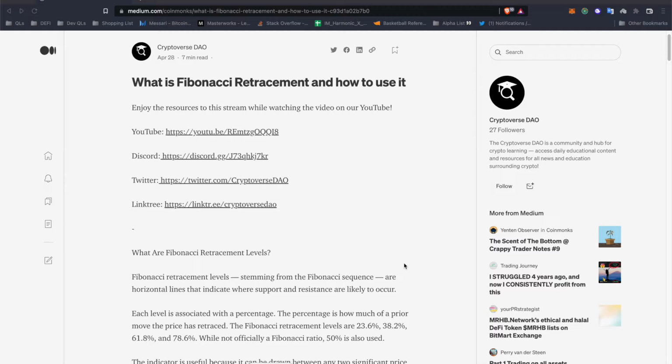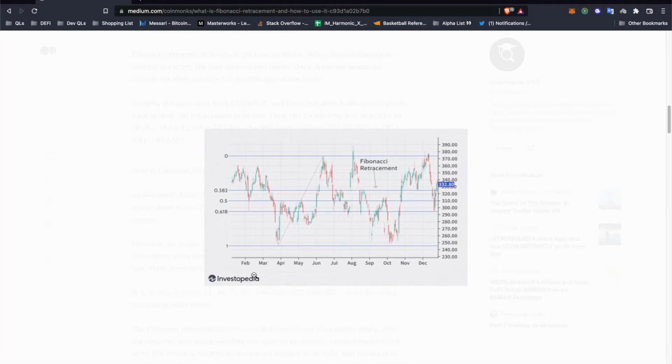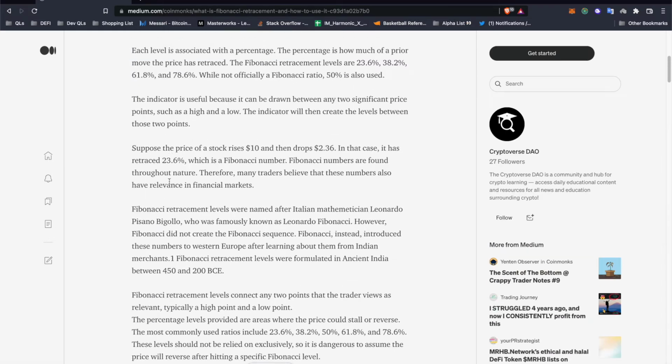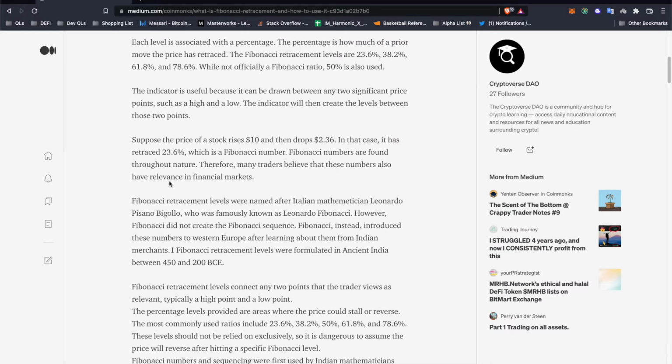The way you do this is by dragging this tool. The tool looks like a bunch of lines on your chart, as you can see in this example here. Each of these lines corresponds to a percentage, right? And the percentages are Fibonacci numbers. What does that mean? What's Fibonacci? Leonardo Fibonacci was an Italian mathematician.